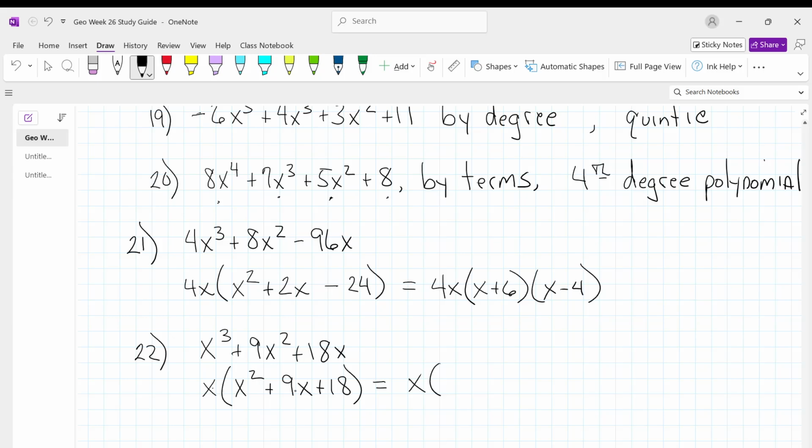Factors that multiply to 18 and add to 9, we're going to go with x plus 6 times x plus 3. And then I'll finish the last 6 problems tomorrow.